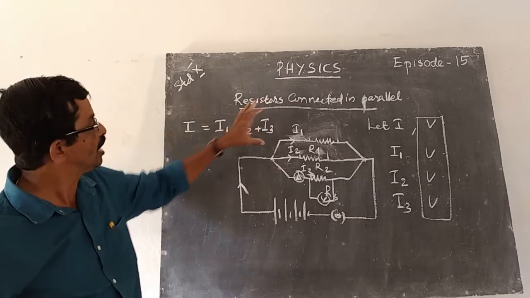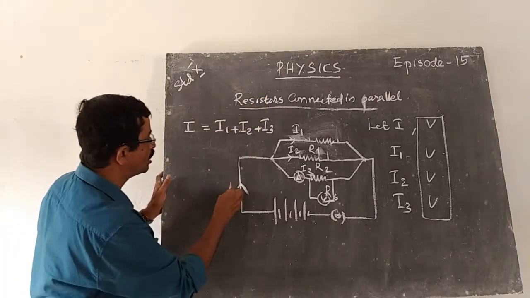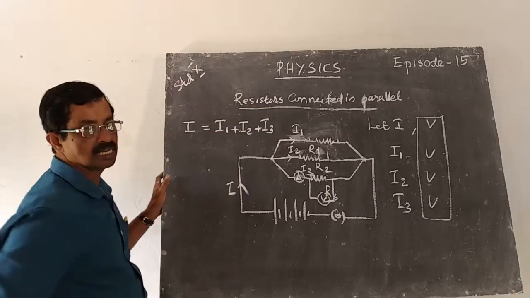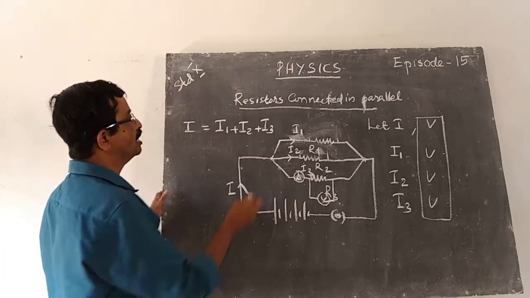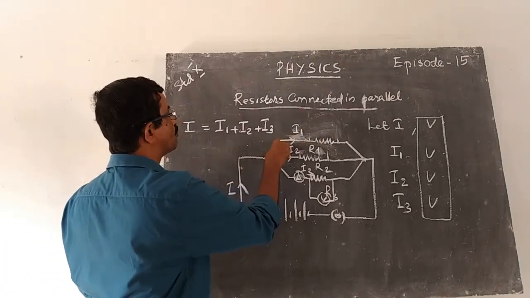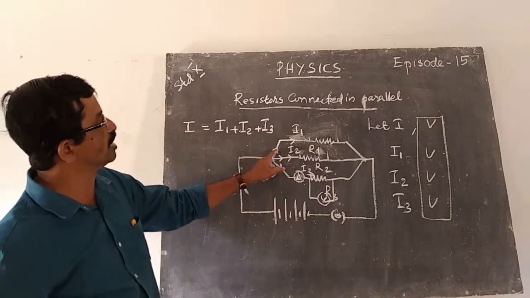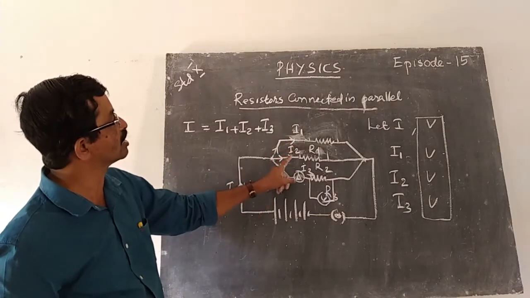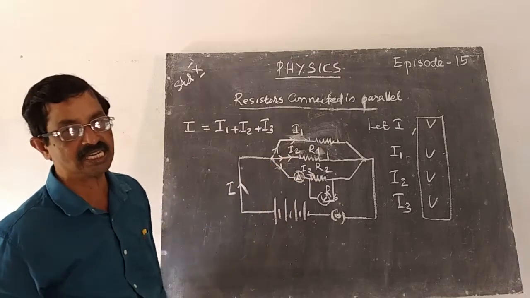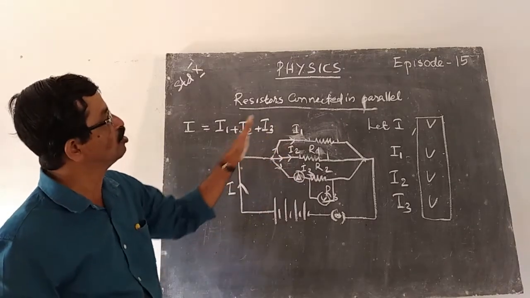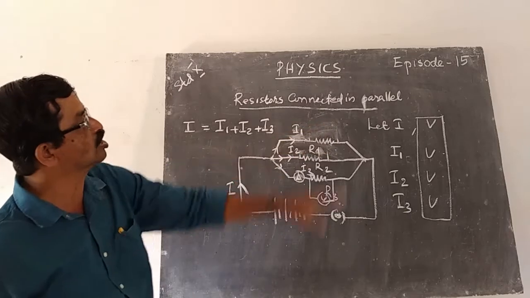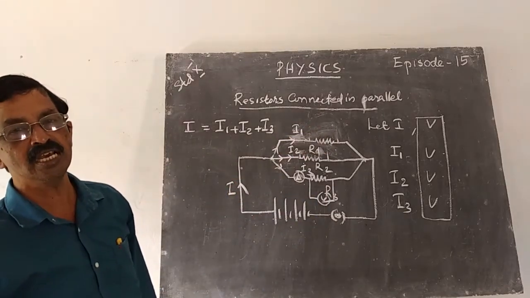That means the current I through this circuit branches out into three. Current through each of them is different: here it is I1, second one is I2, and third one is I3. Current here is branching out, but there is no change in potential difference.